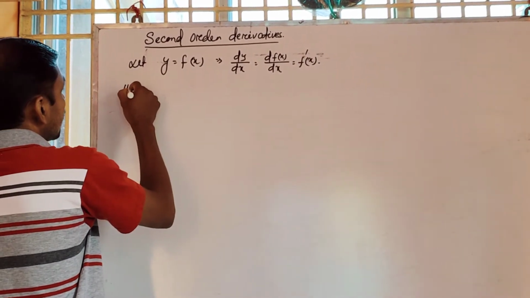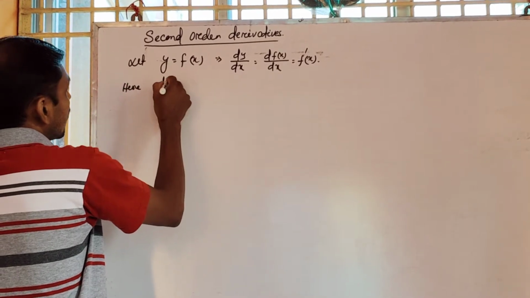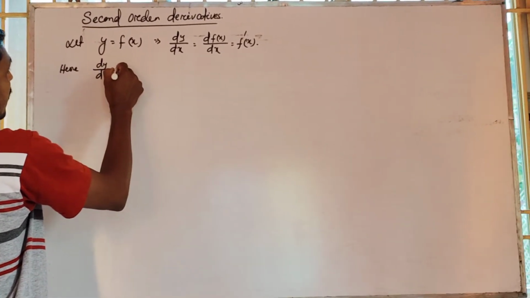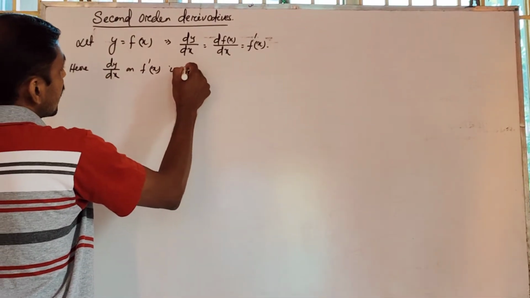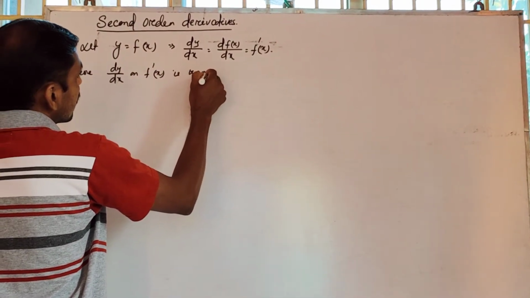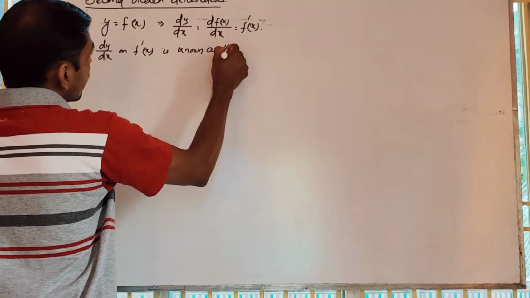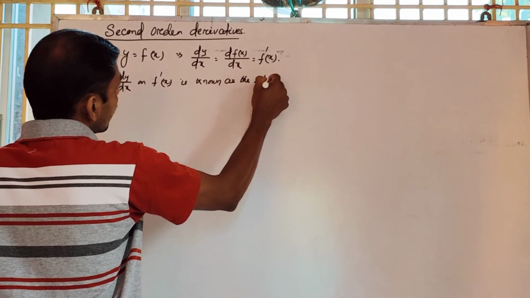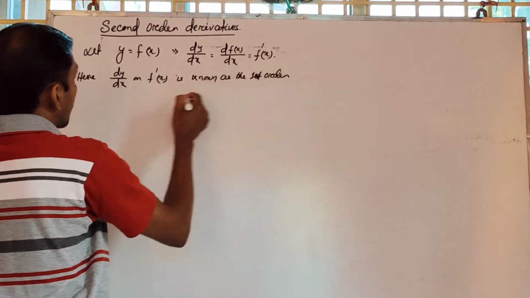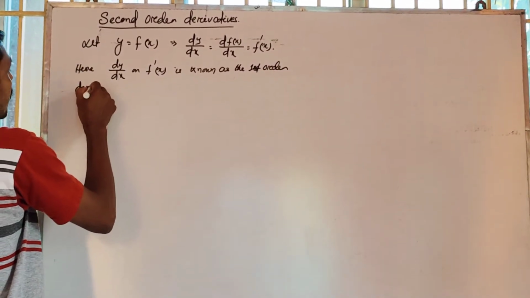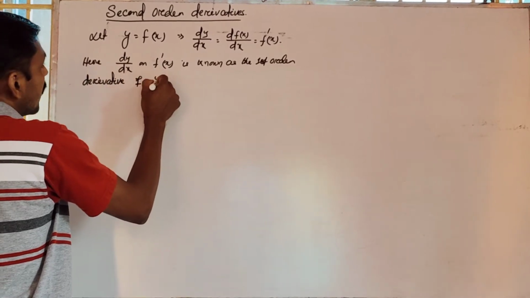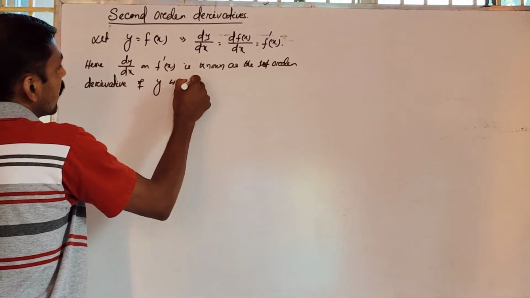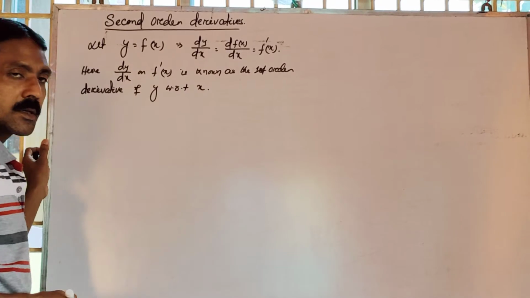So here, this one, dy by dx or f dash of x, is known as the first order derivative of y with respect to x.